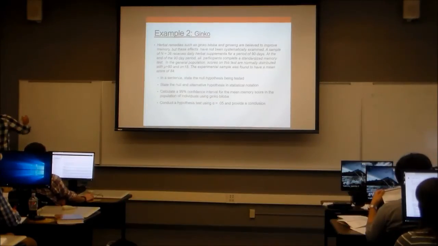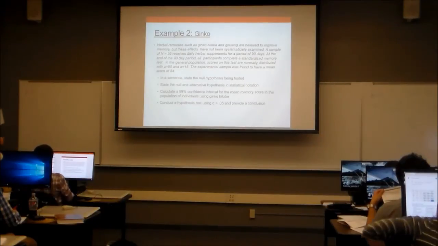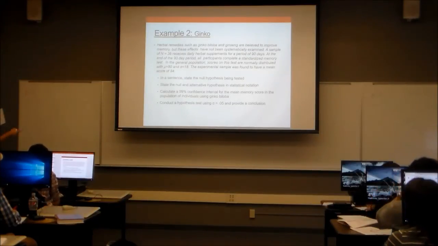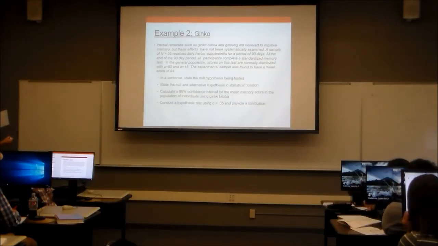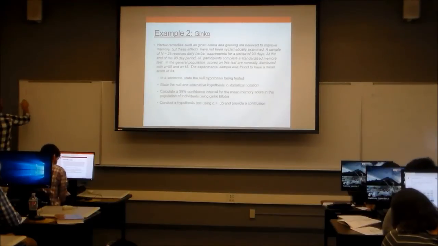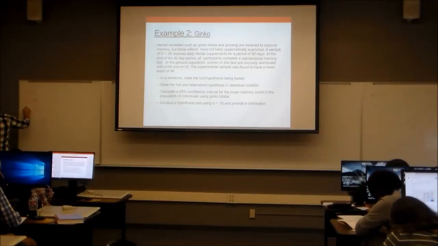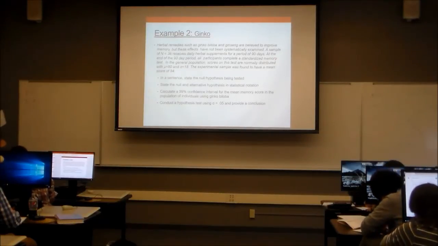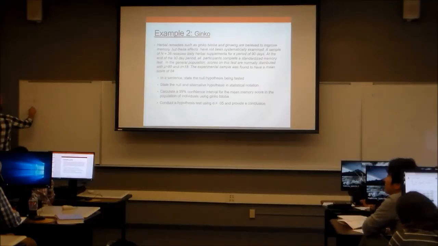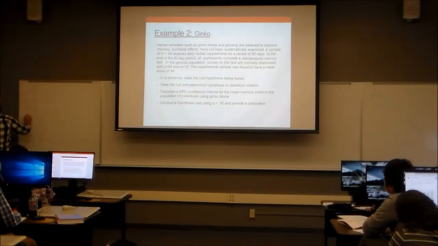We've got a sample of 36 people taking daily herbal supplements for 90 days, standardized memory test, scores in the general population normally distributed, mu of 80 again, but this time with a standard deviation of 18. And we have a mean of 84.